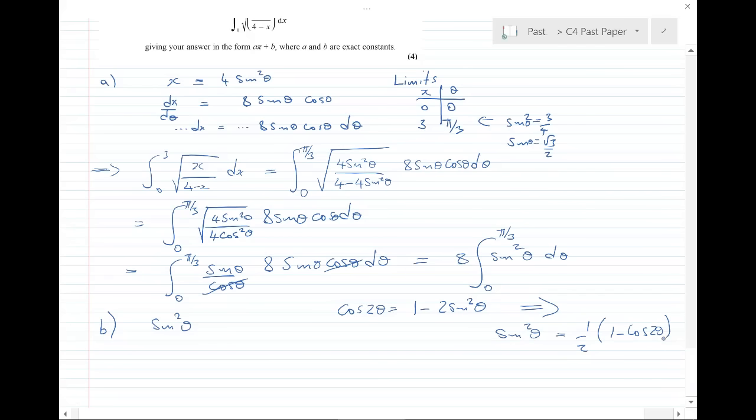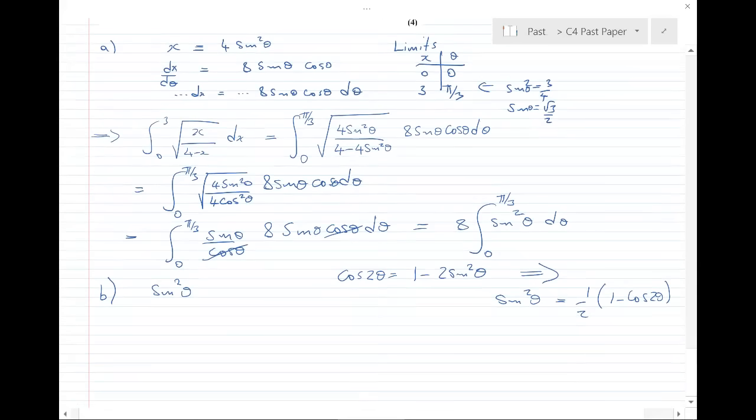Okay, so that means that's what we're dealing with. So let's just go back to the question. We've got the integral from 3 to naught of x times 4 minus x dx equals 8 times the integral from pi by 3 to 0 of sine squared theta d theta.